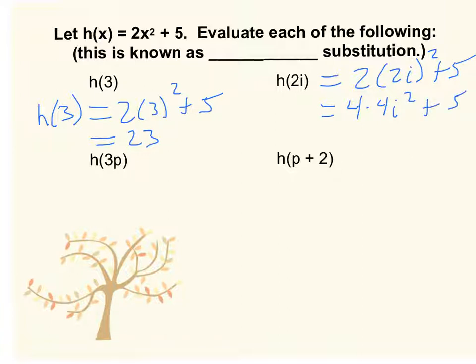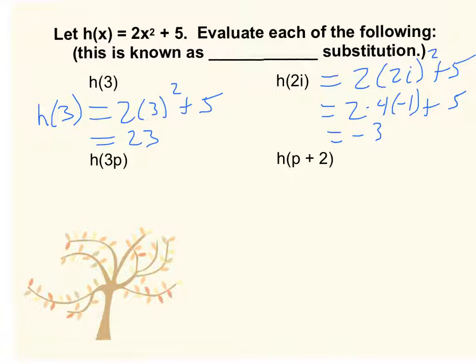But remember here that i squared is negative 1. This 4 should have remained a 2. Excuse me. Because i squared is negative 1, we'd have negative 8 plus 5, negative 3.